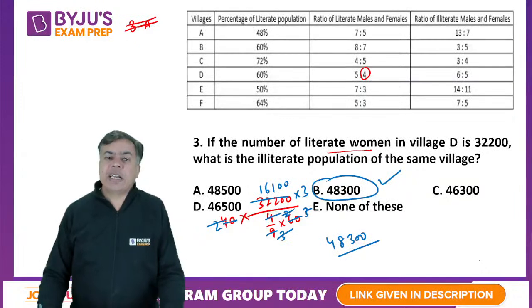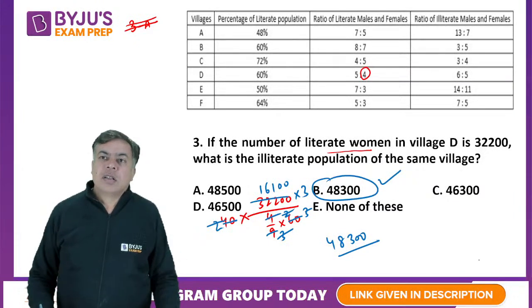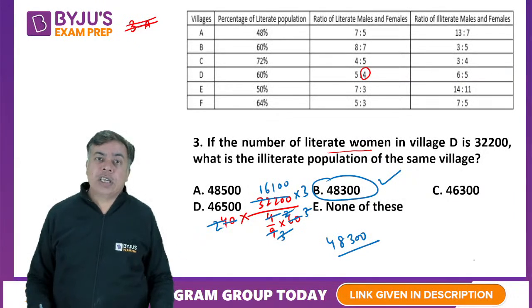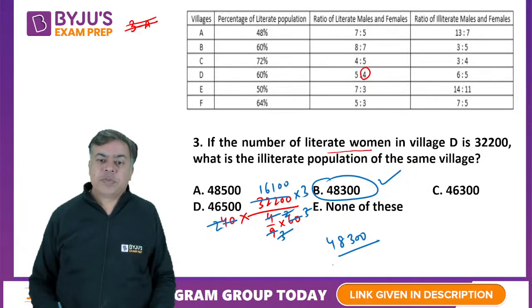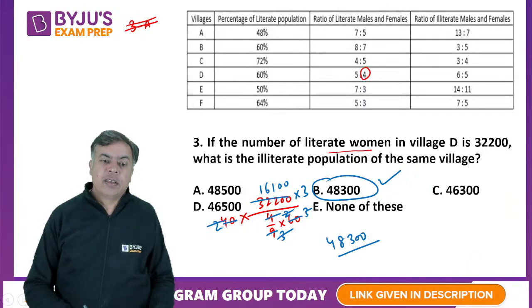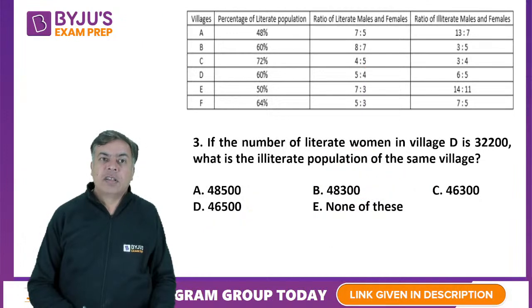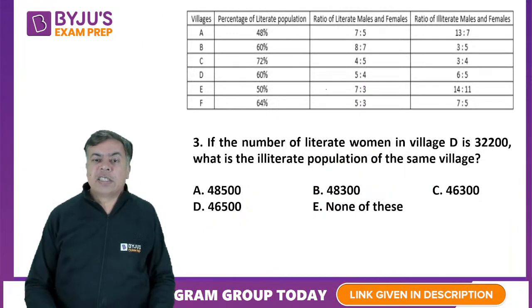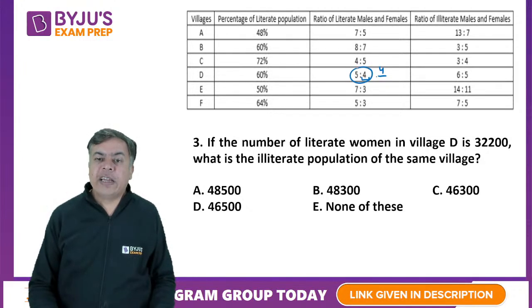Okay, see what I am doing. Just try to understand the steps. Okay, I will repeat what I have done here. See, in D, literate females are 4 out of a total of 9. Right?